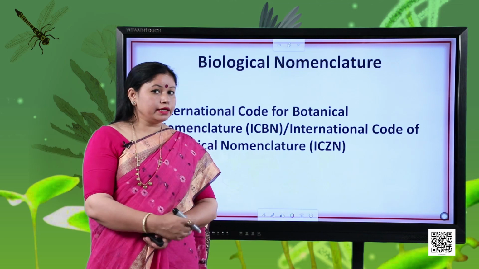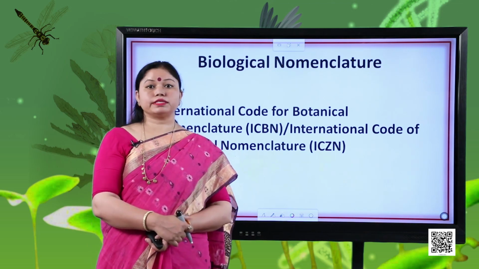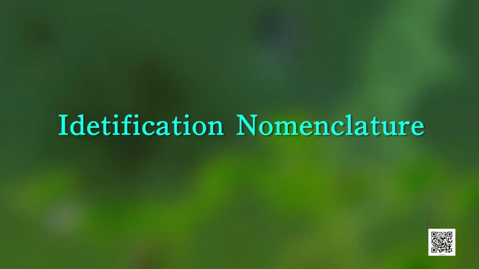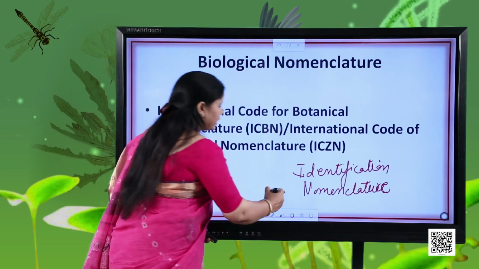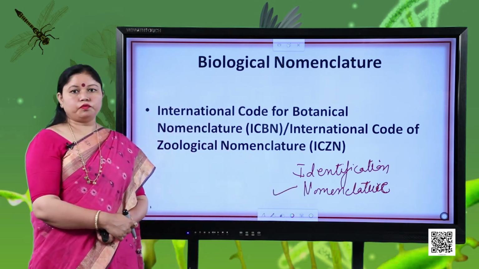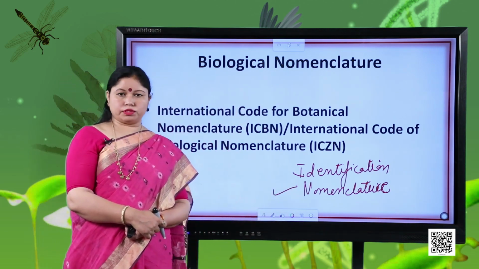But before assigning the name, we need to describe that organism. That is called identification. And assigning a name to the organism is known as nomenclature. When a biological name is assigned to any organism, we need to form some rules.